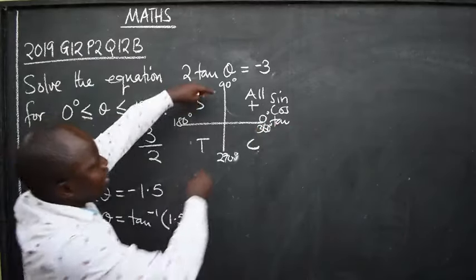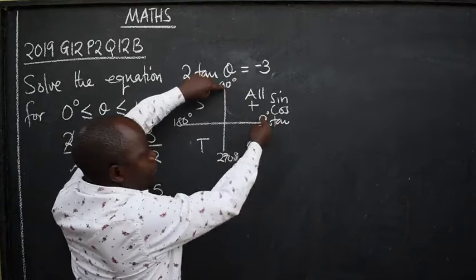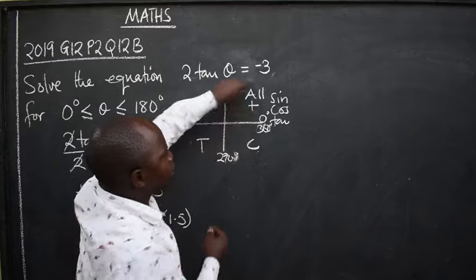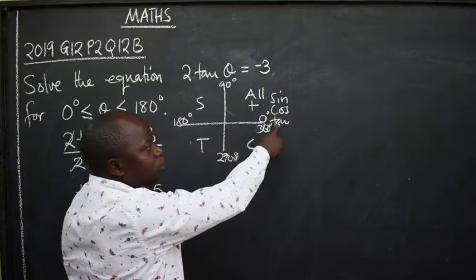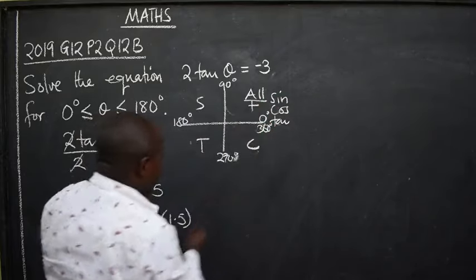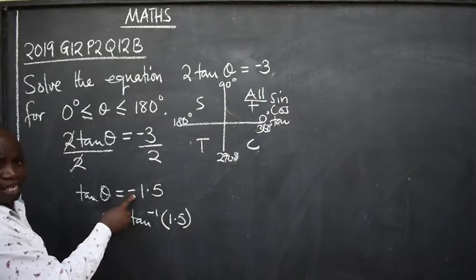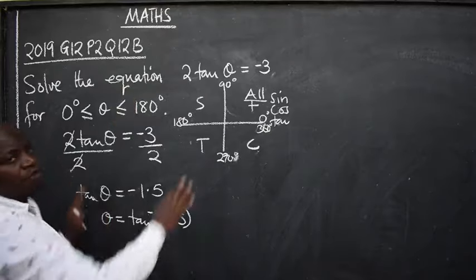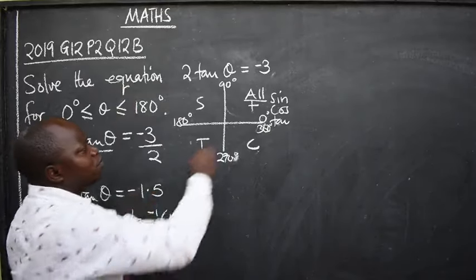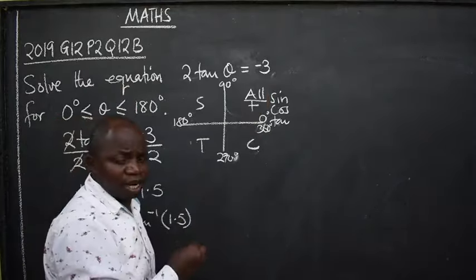So we are saying in the first quadrant between 0 and 90, all the three ratios are positive. This is the reason why you are not seeing a negative here, because whenever you are solving a trigonometric equation, you have to find the value in the first quadrant.